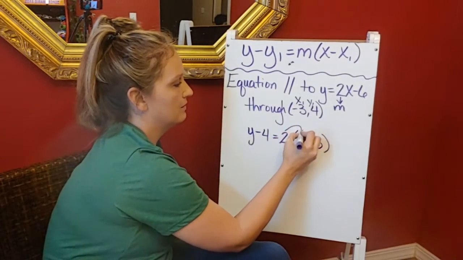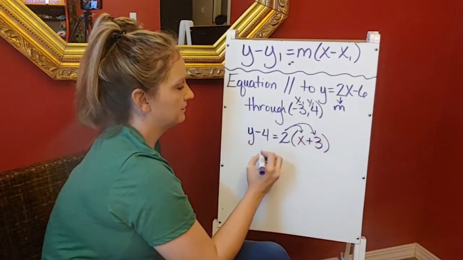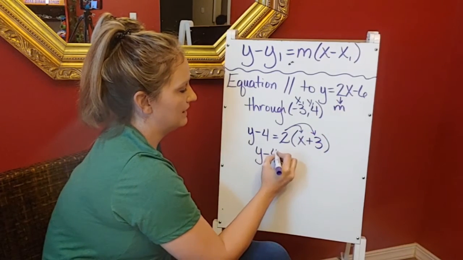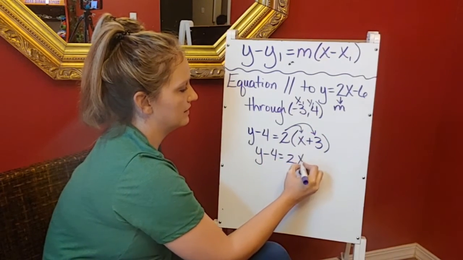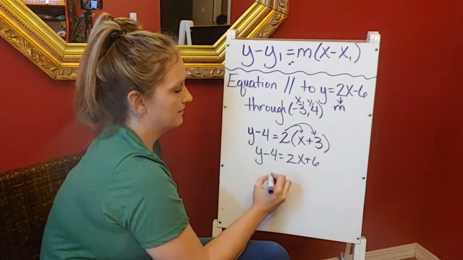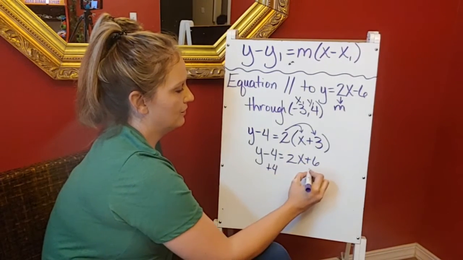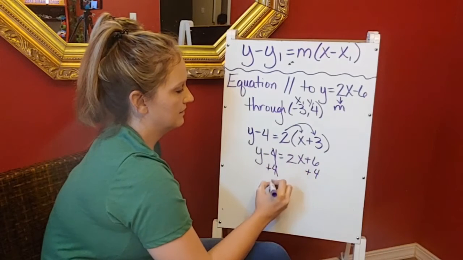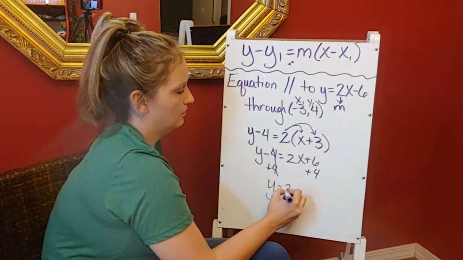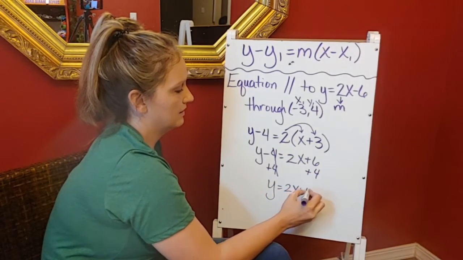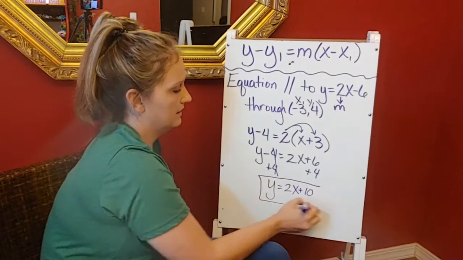I'm going to distribute my 2. So y minus 4 equals 2x plus 6. I'm going to add 4 to both sides. And y equals 2x plus 10.